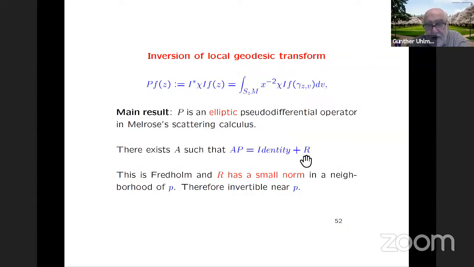And the identity plus an operator of small norm is invertible by using a Neumann series. Identity plus R, if the norm of R is small, is invertible. So you can invert P, and that's what we wanted to do. So not only do you get uniqueness, but you get an inversion formula.